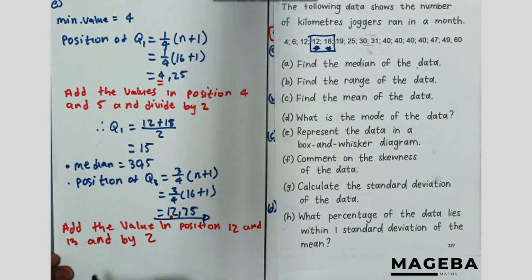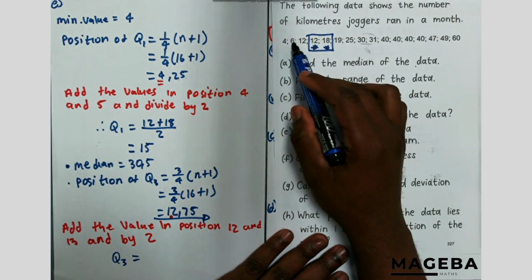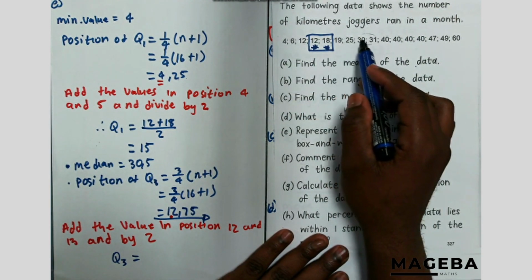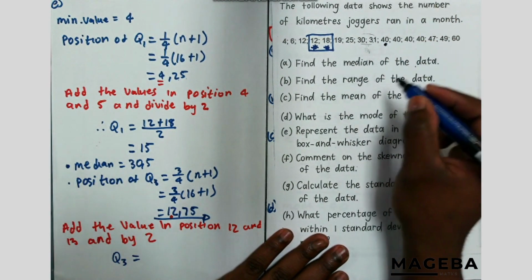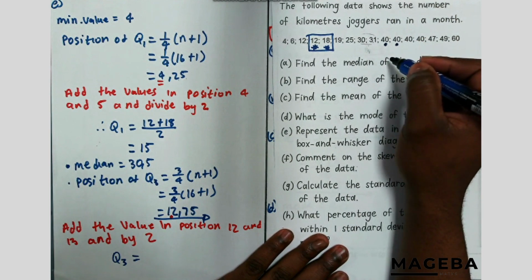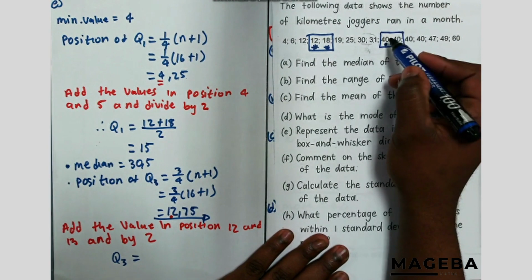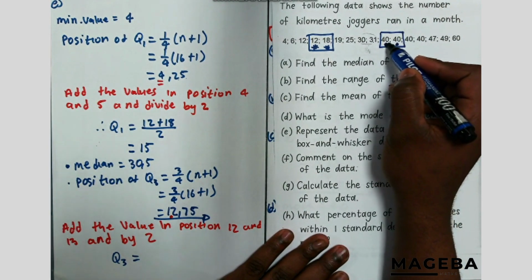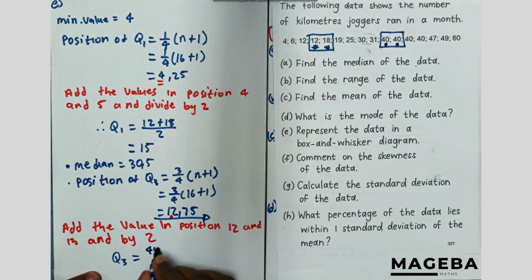So how do we find Q3? Let's go to position 12. 1, 2, 3, 4, 5, 6, 7, 8, 9, up to 12. This is position 12, and then this is position 13. So take these two numbers, which are 40 and 40. We divide them by 2. We found what?